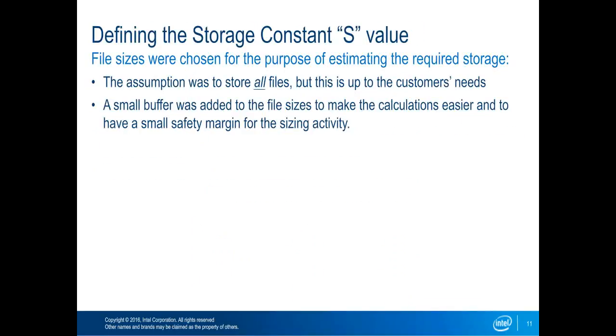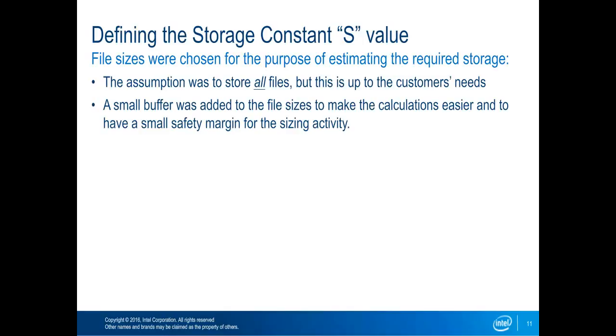So there's also a storage constant that you can consider, which is how much storage I need on a per node basis as I'm building my system. I have some assumptions here that are just based on storing all the files for now. Obviously, the customer can do what they want, and a little bit of extra buffer to make sure there's room.